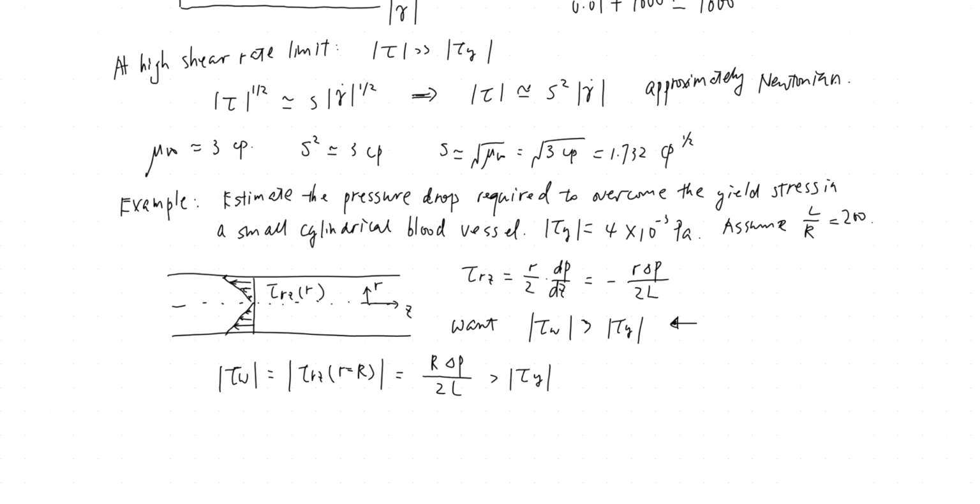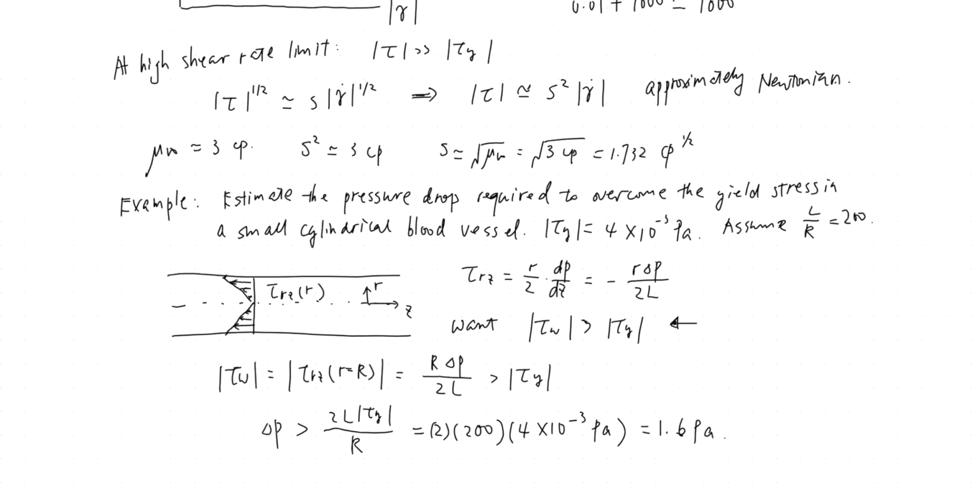So now we can see our delta P must be larger than 2L tau 1 divided by R. Let's put in numbers. We have 2 multiplied by 200, the ratio of L divided by R, multiplied by the yield stress, 4 times 10 to the negative 3 Pascal. Let's multiply this together. You get 1.6 Pascal.